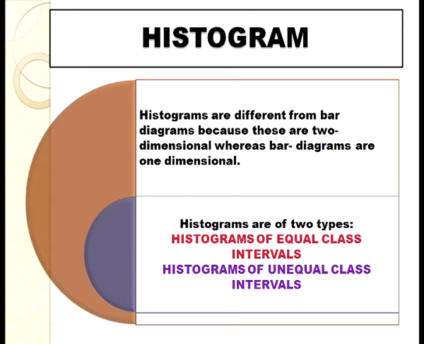Next, a histogram is different from a bar diagram, as a histogram is two dimensional and a bar diagram is one dimensional. While constructing a histogram, we can construct it for equal class intervals and also for unequal class intervals.